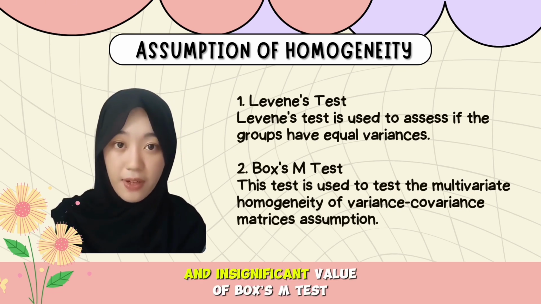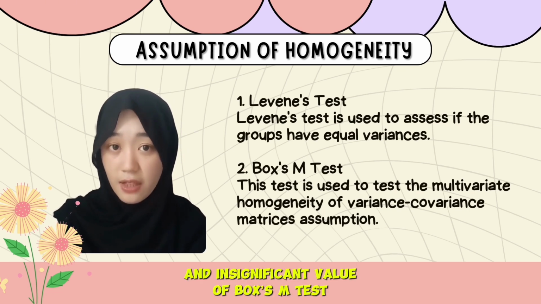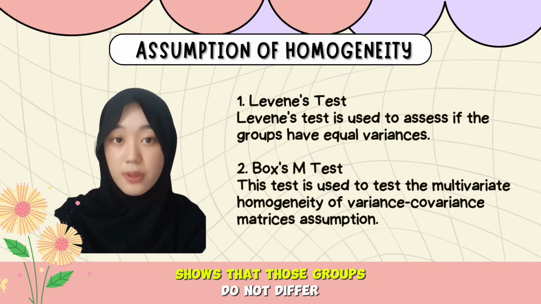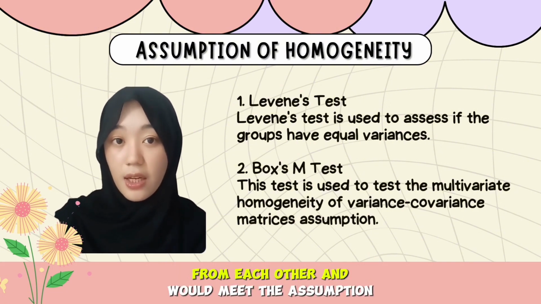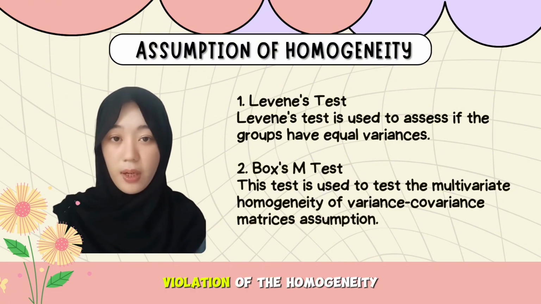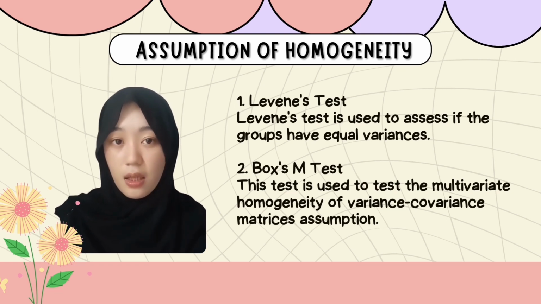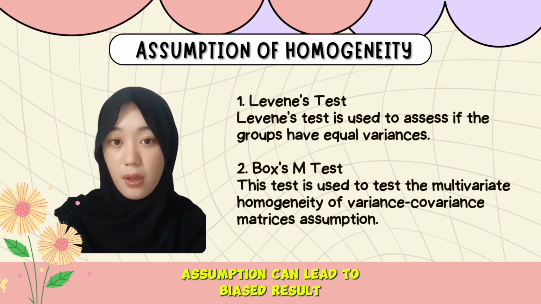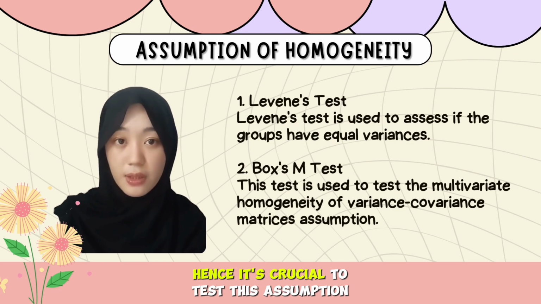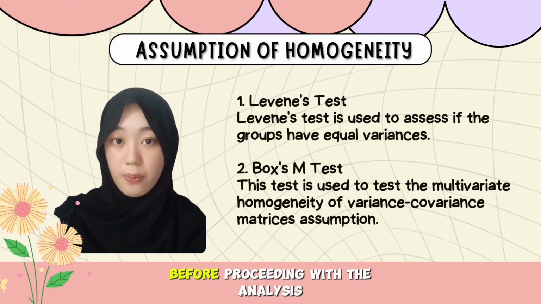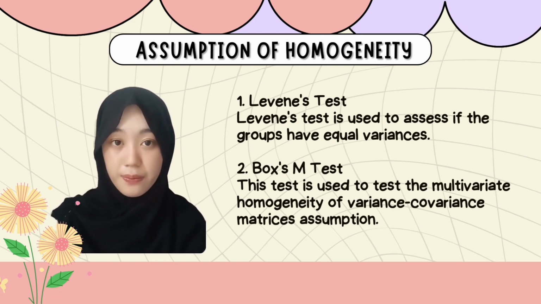An insignificant value of Box's M test shows that those groups do not differ from each other and will meet the assumption. Violation of the homogeneity assumption can lead to biased results. Hence, it's crucial to test the assumption before proceeding with the analysis.